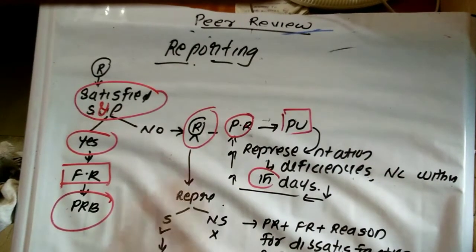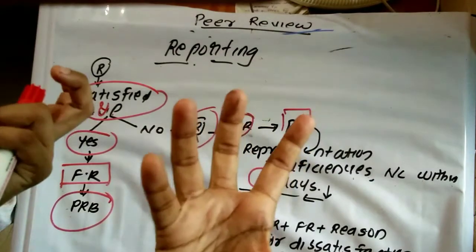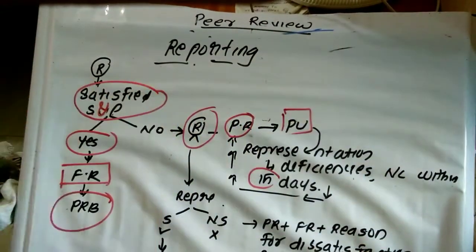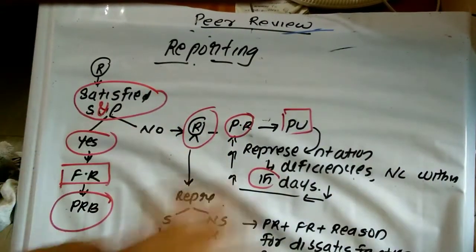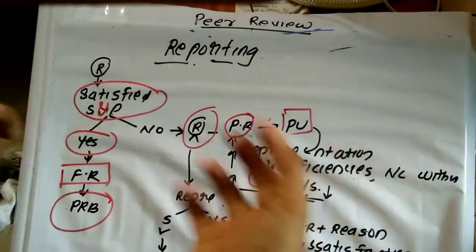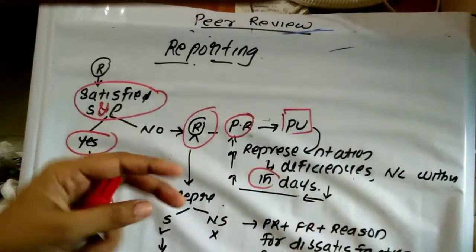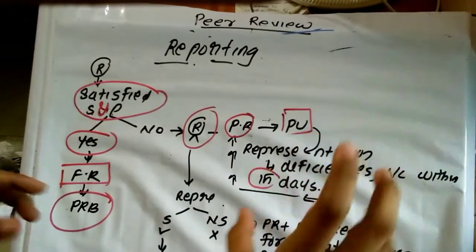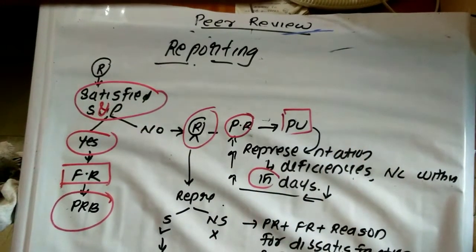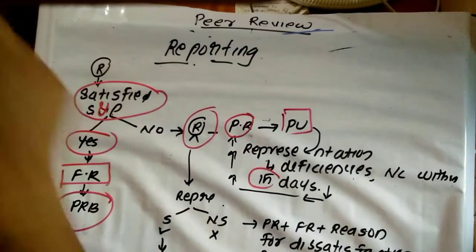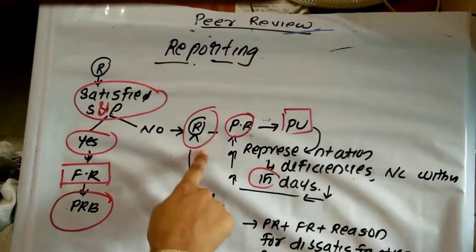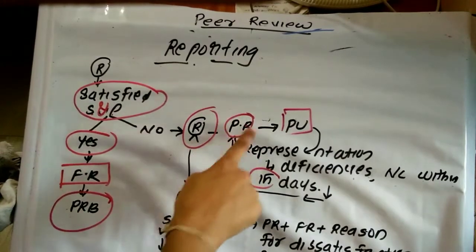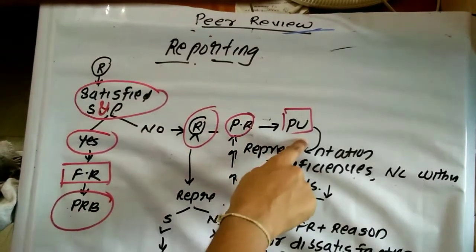So the ABC firm has to make their representation with respect of the deficiency in the systems and procedures and non-compliance of the guidance notes, standards, if any. The same has to be sent by the ABC firm, which is the practicing unit, within a period of 15 days from the date of the preliminary report sent by the peer reviewer. So the peer reviewer, if not satisfied, will send a preliminary report to the practicing unit.